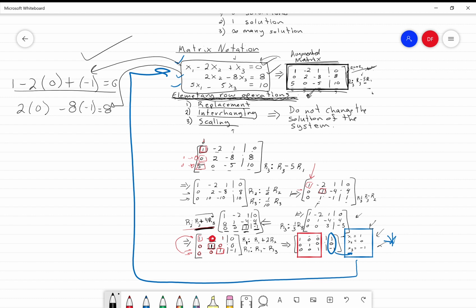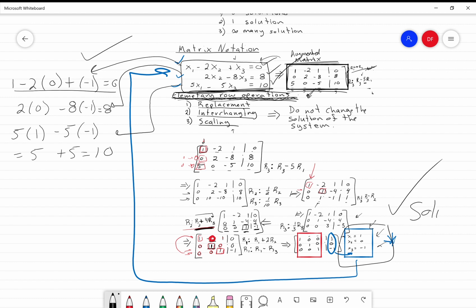And then I just do the same thing for my third equation. 5x1, x1 is 1, minus 5x3, x3 is -1, will give me 5 plus 5, which equals 10. And we see that the third equation is correct as well. Okay, so this is a solution to this system of linear equations here.